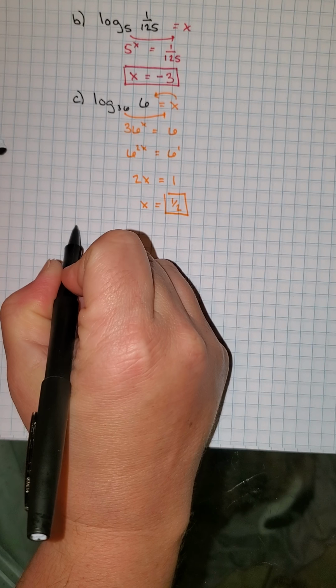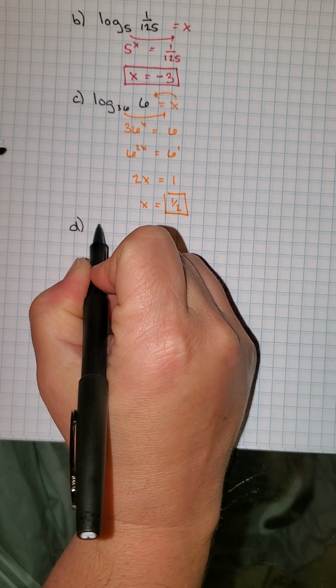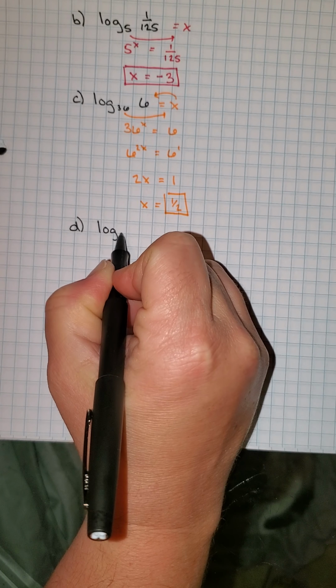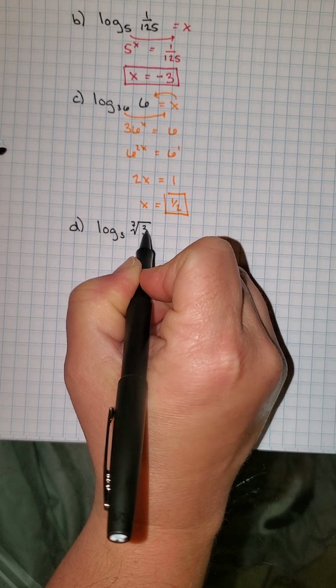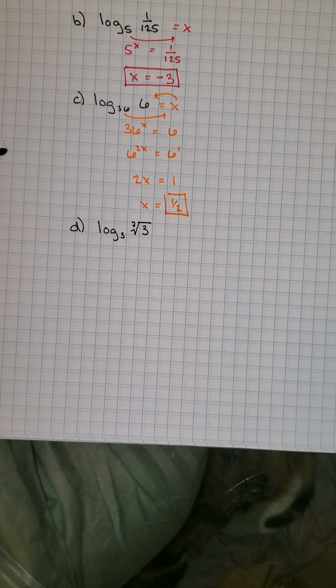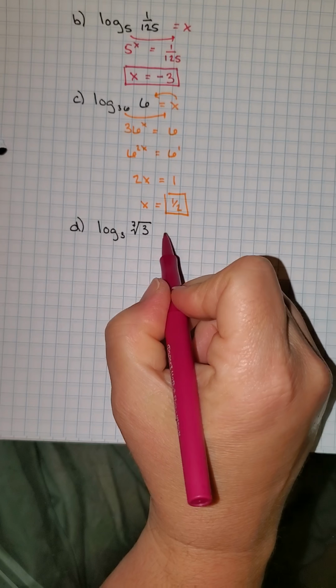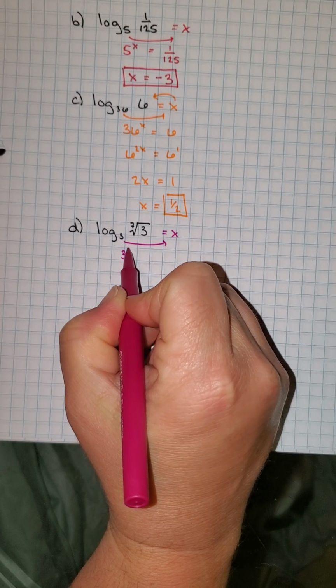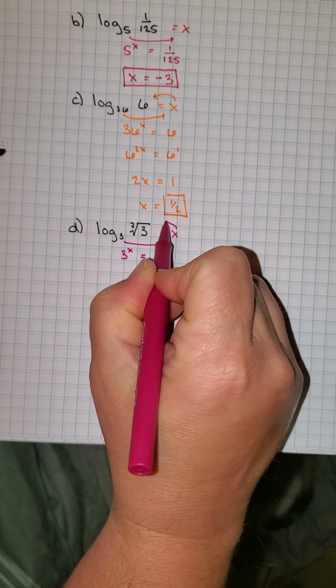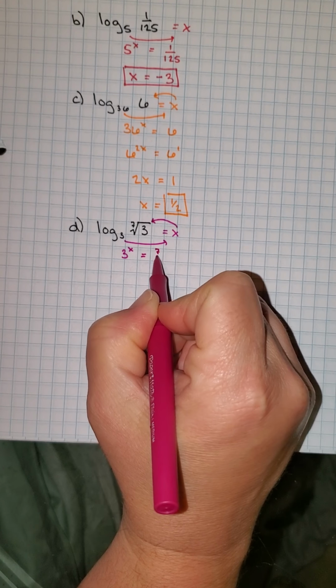All right, problem D. We have log base 3 of the 7th root of 3. If I set this equal to x, we'd have 3 to the x equals the 7th root of 3.